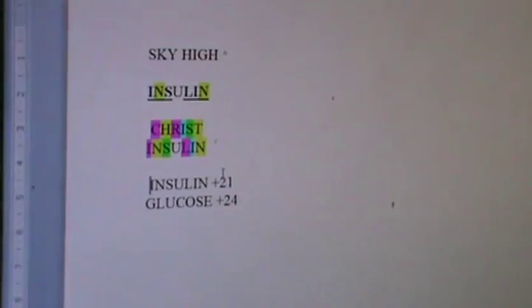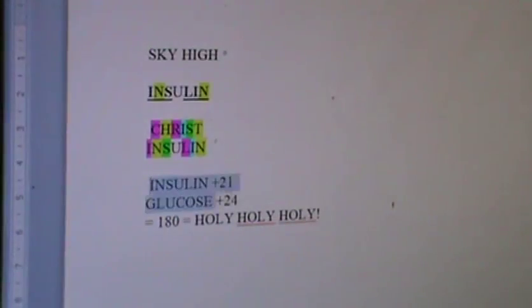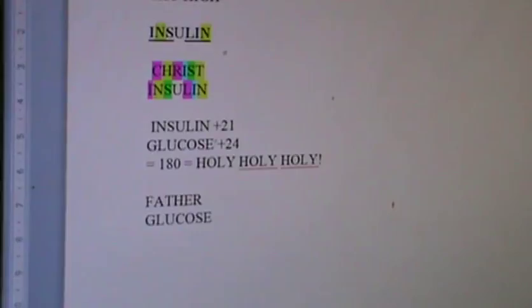Very glaring combination, so put the relationship together, Father plus Christ. Yeah, it always makes a beautiful 3. In this case, it equals the famous 180, which equals the worship of the angels. Holy, holy, holy. Okay, so there's the relationship. Glucose is Father, insulin is Christ. Put the two together. And now you can just do an analysis on glucose for Father.